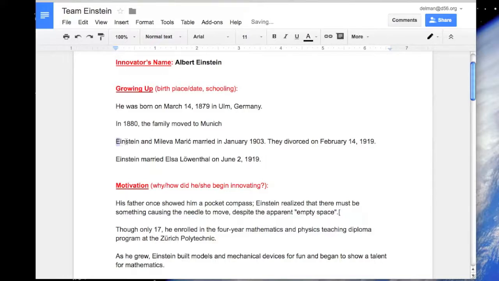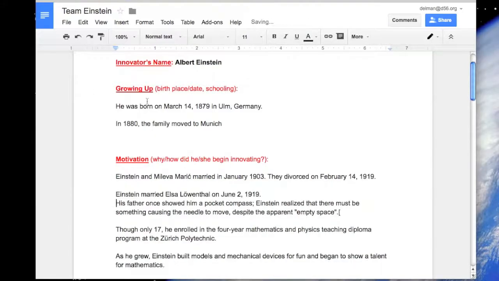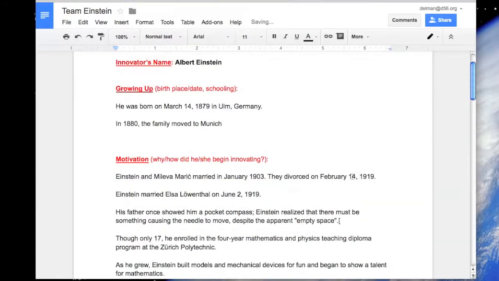And this information probably should not be with growing up. So I'm going to move that. I'm going to cut it, and then I'm going to paste it later on. Even though this isn't really part of what motivated him, it goes with that time period of when he was becoming famous.